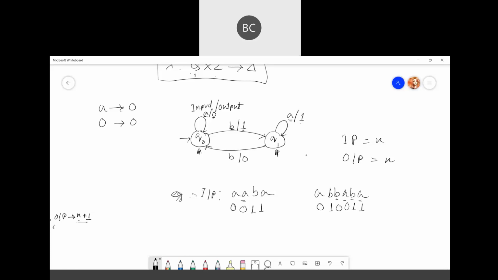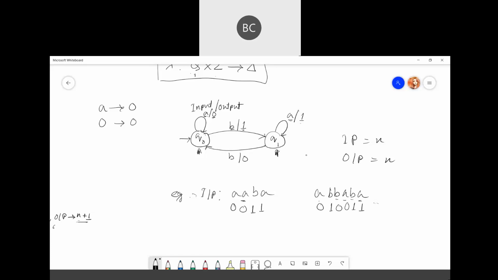So just take care of which state you are in after transiting, but ultimately for every input the output is given. It cannot be that you are at Q1 but you are checking symbols for Q0. That's why it's important to see the transition also.